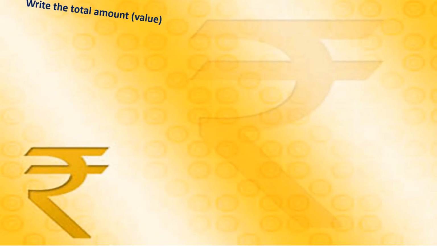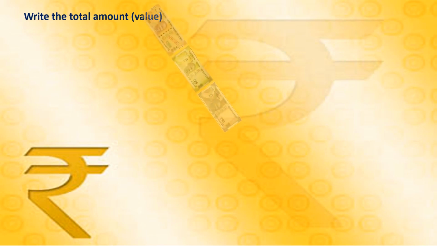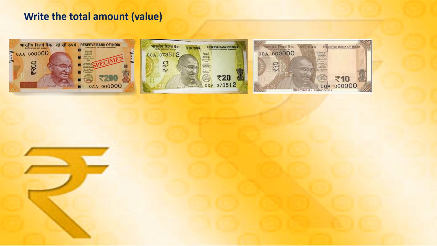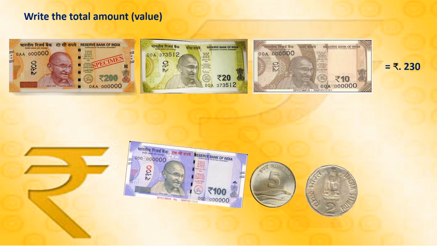Let's begin by now writing the total amount. If you look here, you have a 200 rupee note, 20 rupee note and 10 rupee note. If you add 200 plus 20 plus 10, the sum is rupees 230. Look at the next picture.